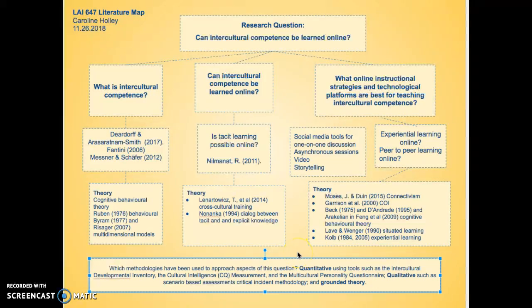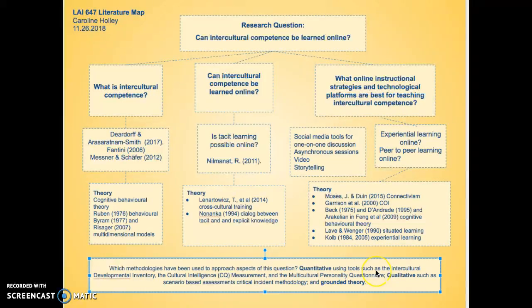And then we look at which methodologies have been used to approach the different aspects of this question. Whether intercultural competence has been acquired, and which strategies have been effective in its acquisition. There are a number of articles citing quantitative methods for assessing, particularly in the assessment of the acquisition of intercultural competence, and also the instructional strategy.